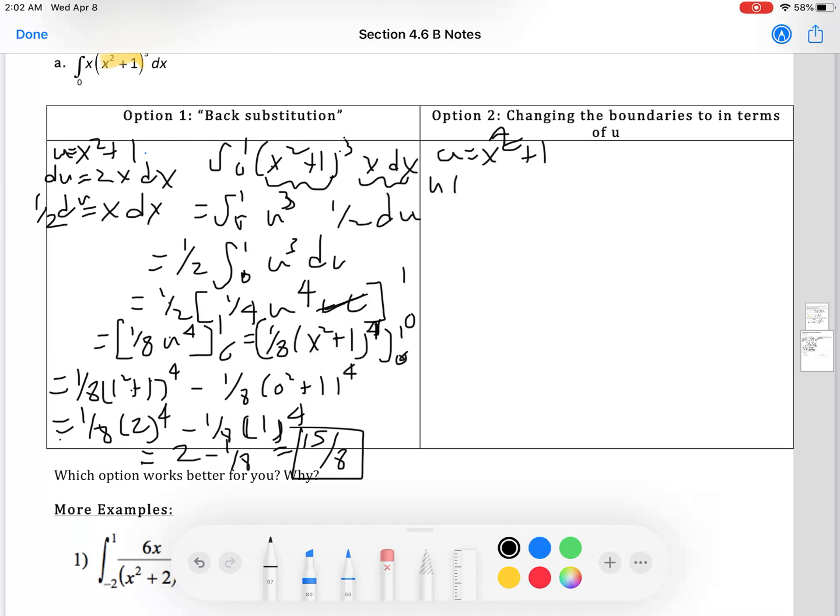So my u of 1 is 1 squared plus 1, which is 2. And my u of 0 is going to be 0 squared plus 1, which is going to be 1.